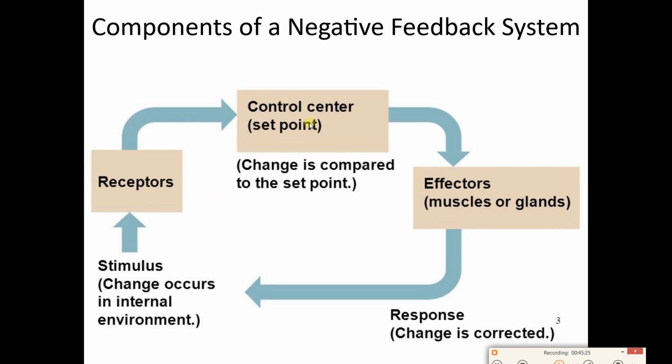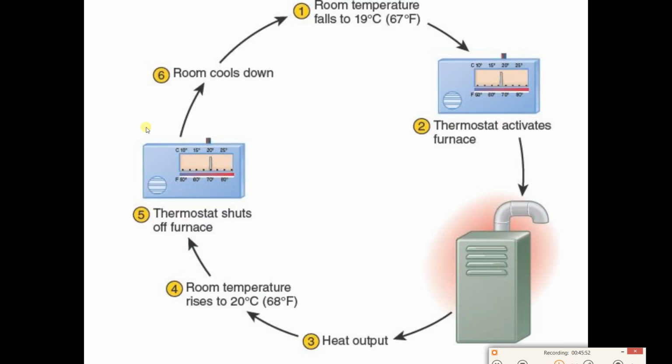A control center compares the new value, whatever body temp has changed to, to a particular set point. Then effectors, which are often muscles or glands, are going to do the action that corrects the change. So these are my three components. We're going to get some examples within the human system. Don't worry. This is kind of analogous, though.